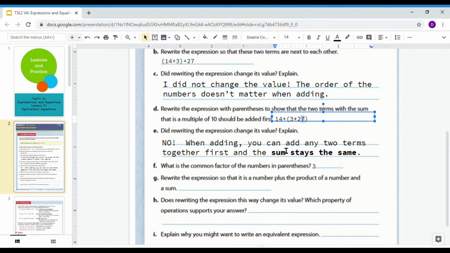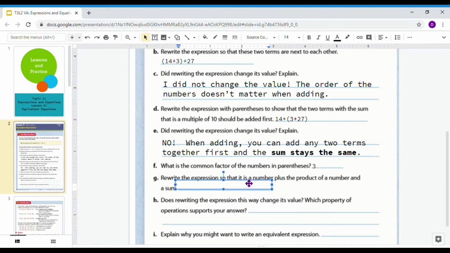Rewrite the expression so that it is a number plus the product of a number and a sum. Uh-oh. So now they're telling us that they want us to use this common factor 3 to pull out these numbers and figure out a different way to rewrite this expression. So again, I'm going to leave that 14 alone.